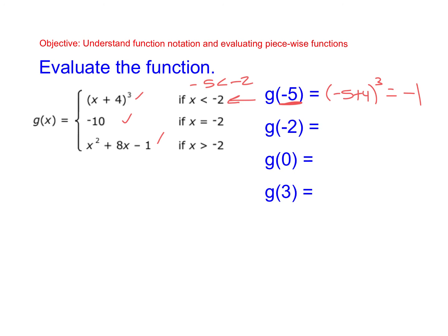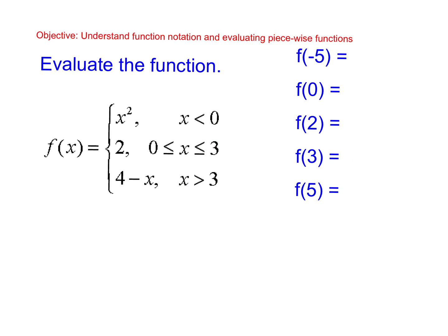Right? What would be g of negative 2? Well, this is the equal, so it's negative 10. G of 0, which one does the 0 fall into? 0 is greater than negative 2, so we're going to plug into the bottom one. It's just negative 1. And then g of 3, again, plugging into the bottom. That's 9 plus 24 minus 1. So it's 32.